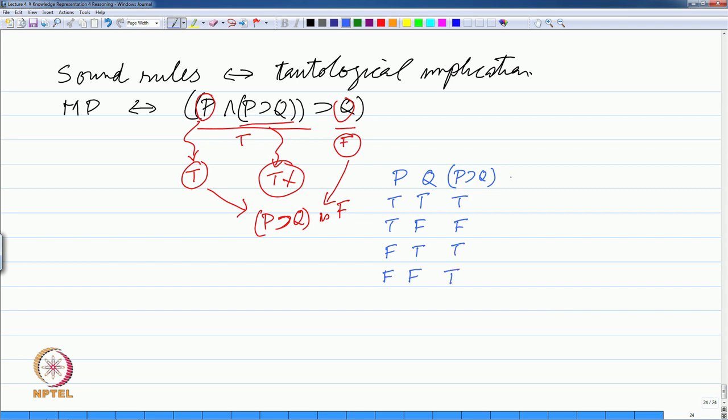Then I am inserting here this larger formula which is P and P implies Q, which is basically the AND of this one and this one.